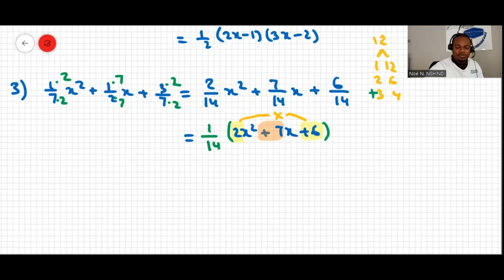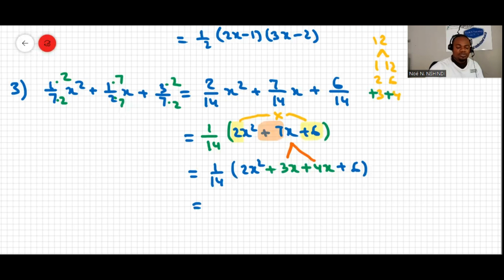So it's positive 3 and positive 4, and this can be written as 1 over 14, open bracket, 2x squared. Instead of writing positive 7x, I'm going to write plus 3x plus 4x, knowing that these two derive from 7x, plus 6.